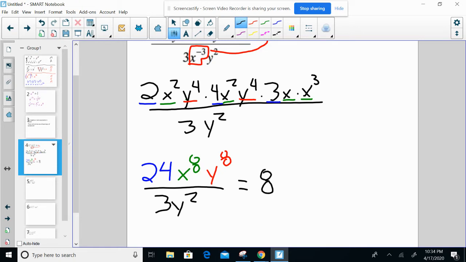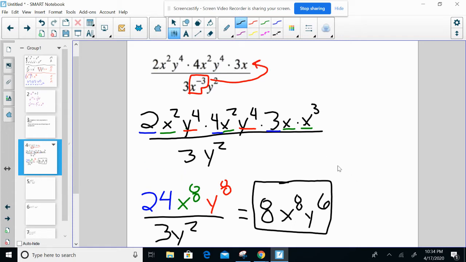X to the 8th, there's no other x, it's staying. Now you have y to the 8th, y squared on the bottom. 8 minus 2 is going to be 6. So 8 x to the 8th, y to the 6th.